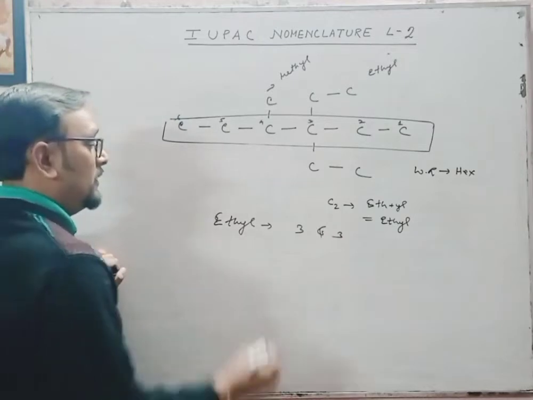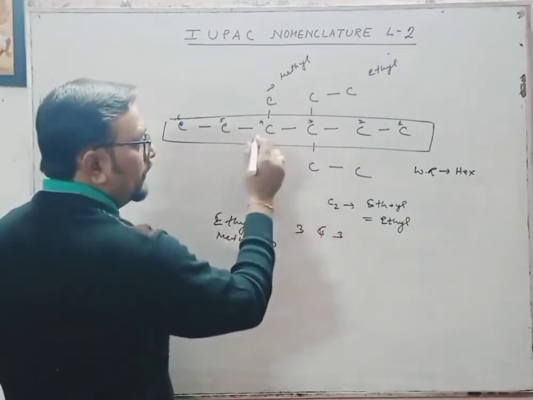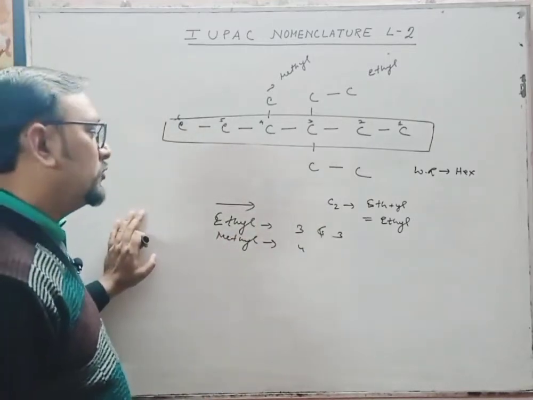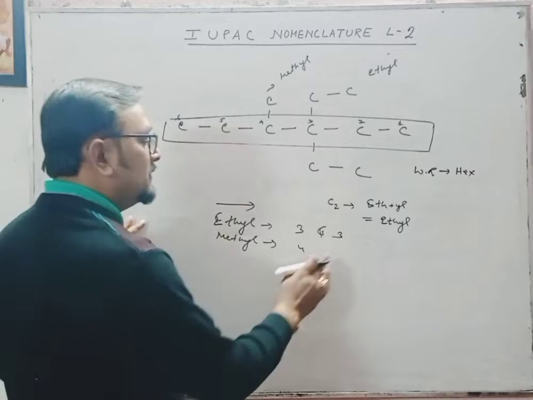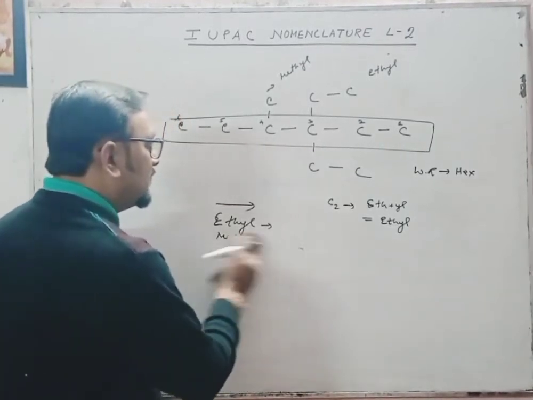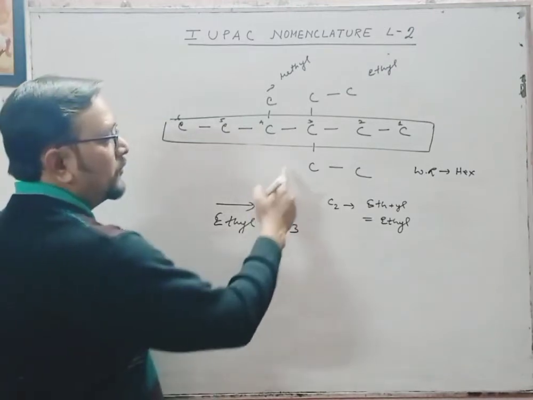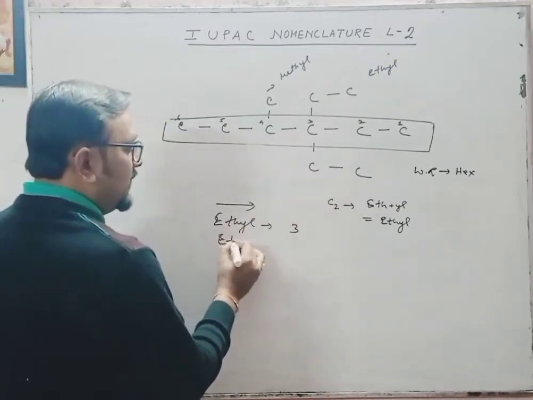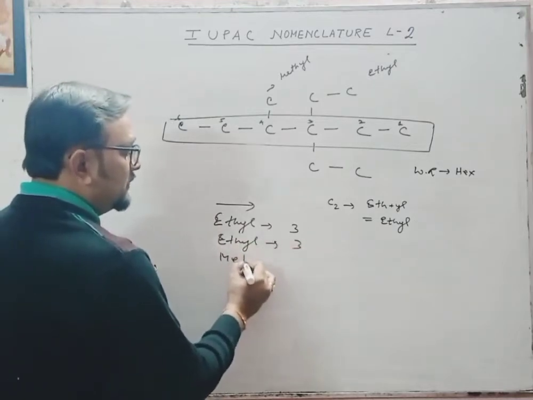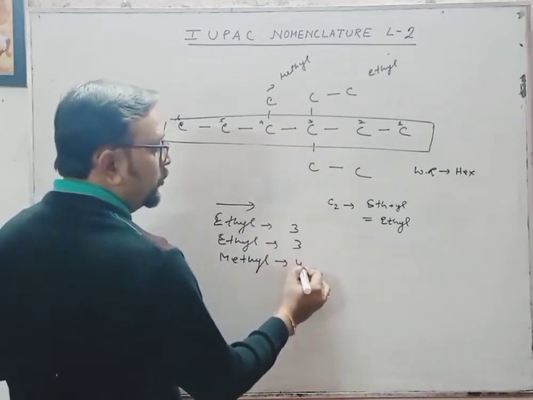For methyl we have 4 if I start numbering from this side. So 3 for one ethyl, the second ethyl is also getting 3, and the third is methyl, which has the 4th locant.